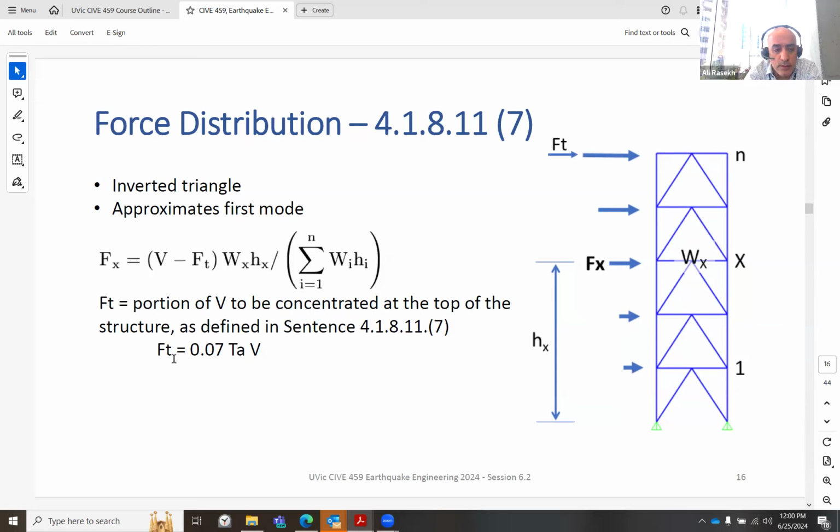This is 7% of TA multiplied by V. So in order not to double count it, you reduce it from the total, you distribute V minus Ft between all floors in a triangular fashion based on this equation. And then you apply the additional Ft on top.